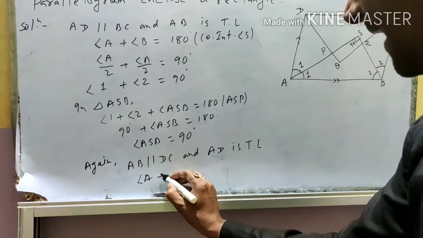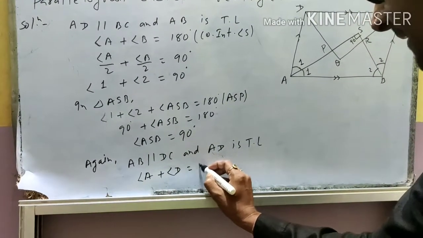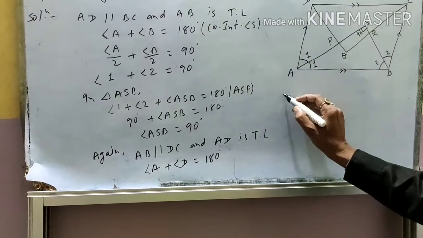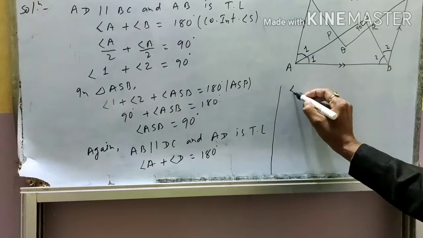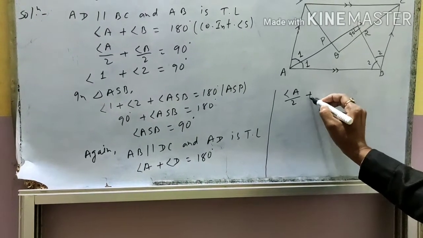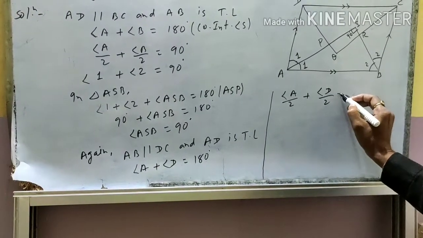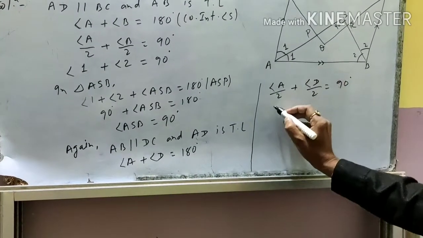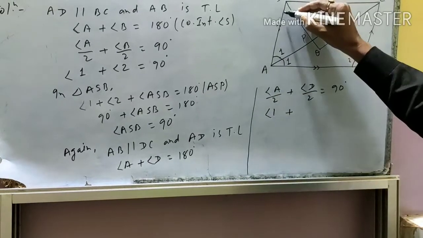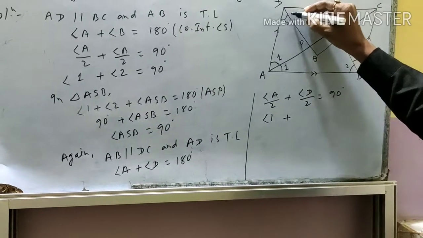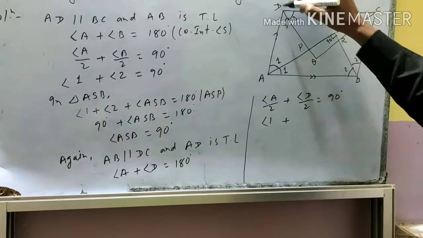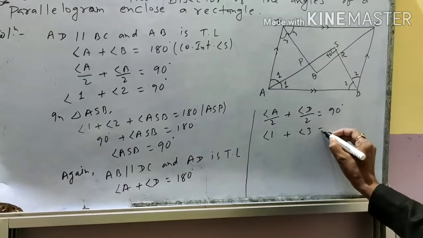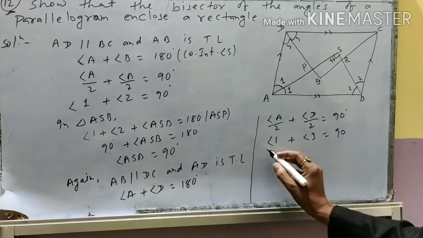We can write angle A plus angle D is equal to 180 degrees. Dividing by 2 on both sides, angle A by 2 plus angle D by 2 is equal to 90 degrees. Angle A by 2 can be written as angle 1, plus suppose this angle is 3. This angle is also 3 because DQ is the bisector of angle D. So angle 1 plus angle 3 is equal to 90 degrees.